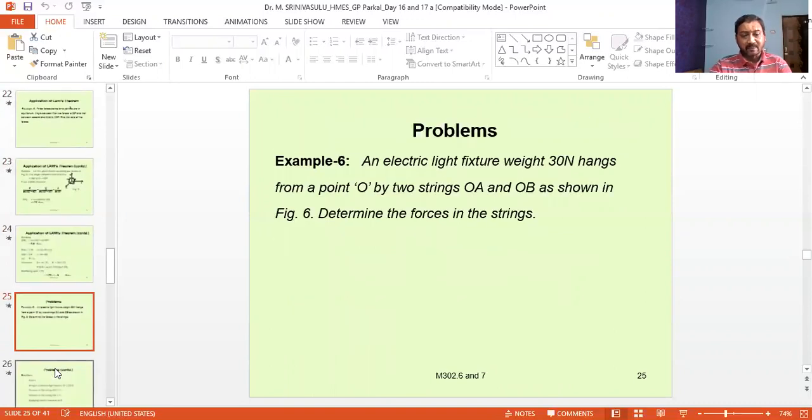Now this is a problem. We'll start from this problem. So take this problem. An electric light fixture weighing 30 newtons hangs from a point O by two strings OA and OB as shown in the figure.